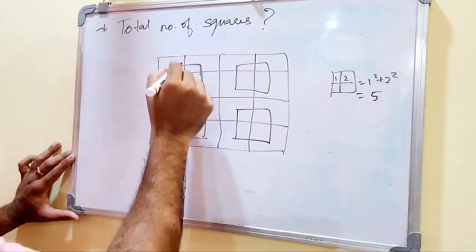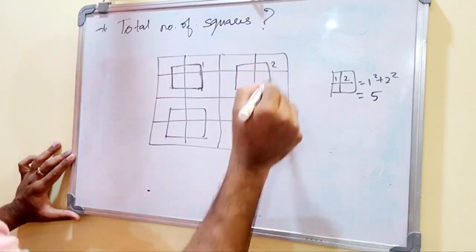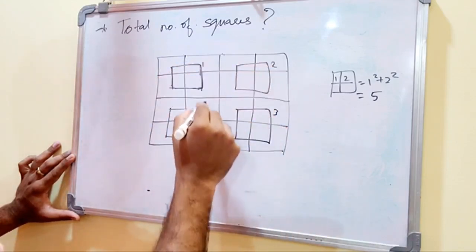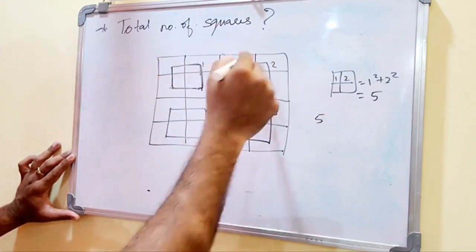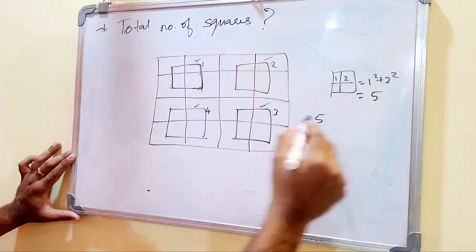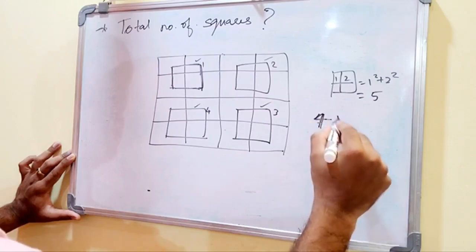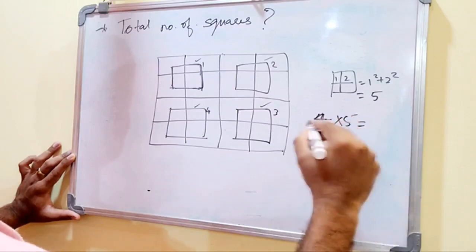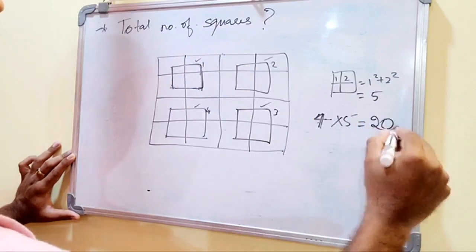Total number of squares within this smaller square is 5. So there are 1, 2, 3, 4 squares of such kind. So the total number of squares these smaller squares contribute is 4 into 5, which is 20.